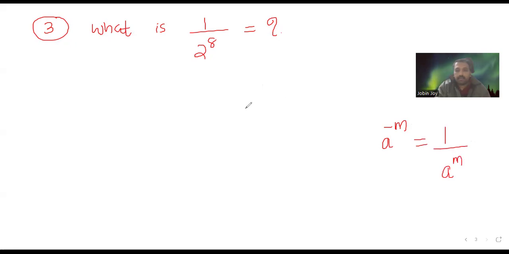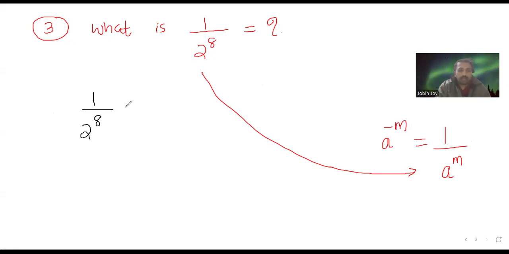Apply this: 1 by a raised to m equal to a raised to minus m. So I can write like this: 1 by 2 raised to 8 equals 2 raised to minus 8. That means a raised to minus m. So the equivalent expression of 1 by 2 raised to 8 equals 2 raised to minus 8.